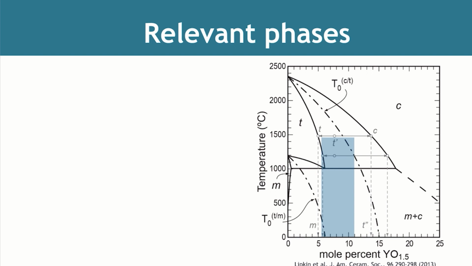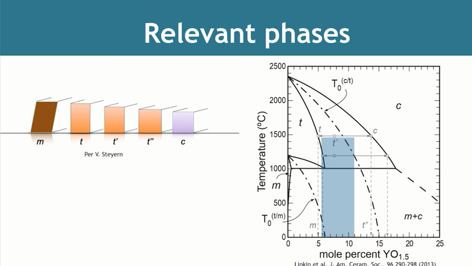Based on this phase diagram, we not only expect to get some tetragonal phase, but we also expect to get some cubic phase, as we are in the two-component region between these two phases. In more recent research, there have also been suggestions that in addition to the tetragonal and cubic phase, we have several other tetragonal phases, here denoted as T prime and T double prime.